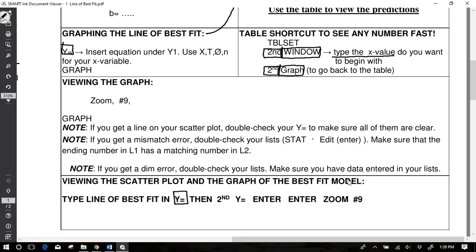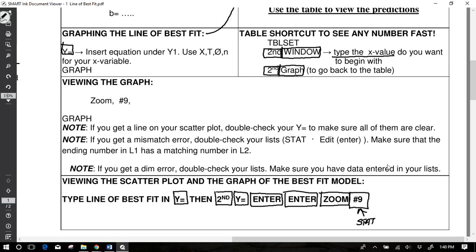Then we would hit second y equals, and enter twice, and then zoom, and then the button number 9. If you actually go down and find zoom number 9, what that says is stat. It's for statistics. It'll automatically zoom you into the data that you want to view.